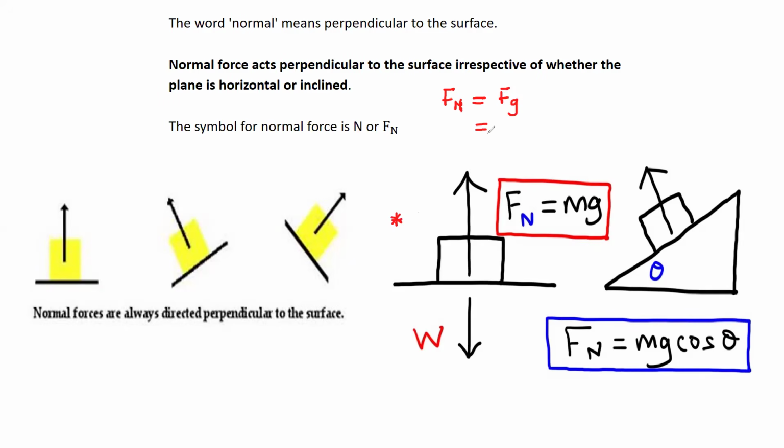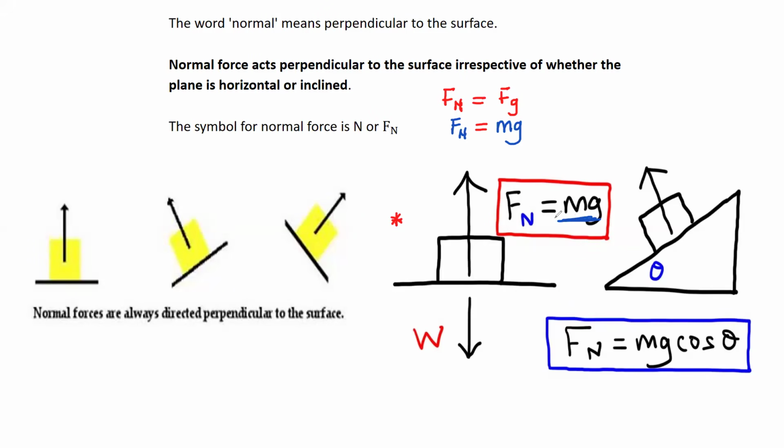And so therefore, because it's equal to the force due to gravity, the formula for normal force on a horizontal surface, I'm repeating this, please listen to me. The normal force on a horizontal surface is equal to mg.